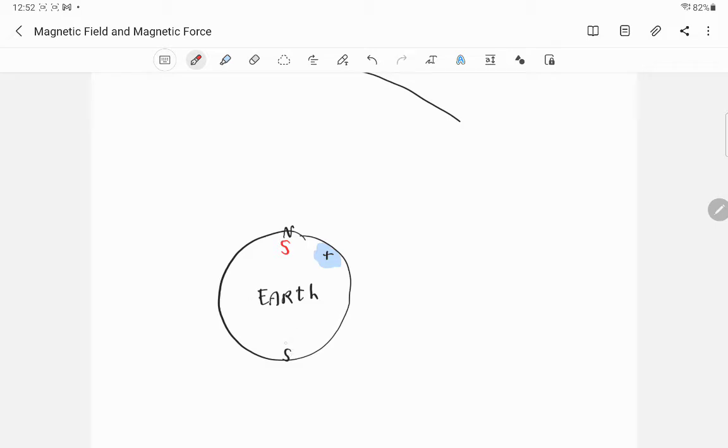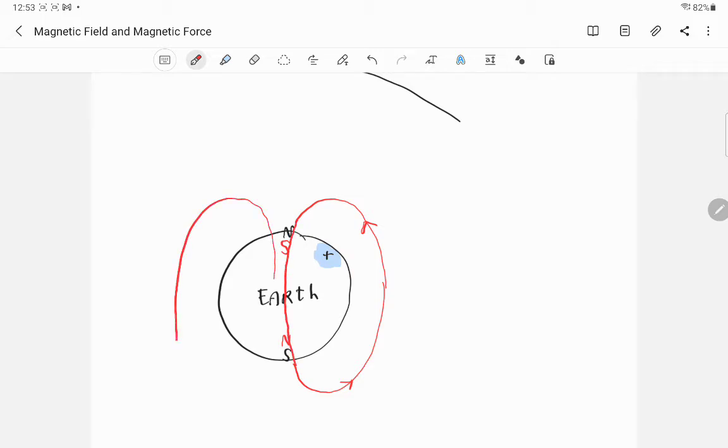And the geographic South Pole is magnetic north. Coming with those pole designations, there is a magnetic field line that goes from the North Pole over towards the South Pole. It comes out of the North Pole and goes into the South Pole, and actually goes all the way through.